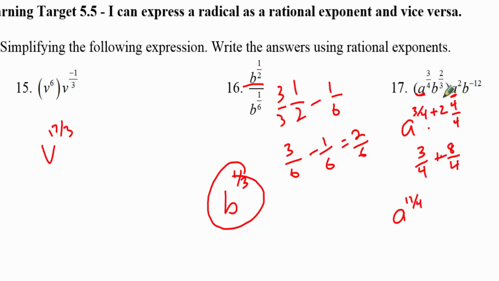And then the b's are annoying because I've got negative 12. So 12/1, you multiply top and bottom by 3 to get the thirds. So this would be negative 36/3. So 2/3 minus 36/3 would be b to the negative 34/3. But we can't really leave a negative exponent, so what do we do with that?